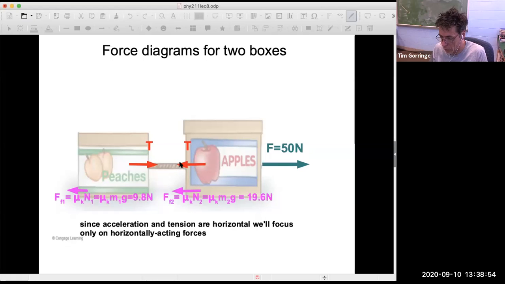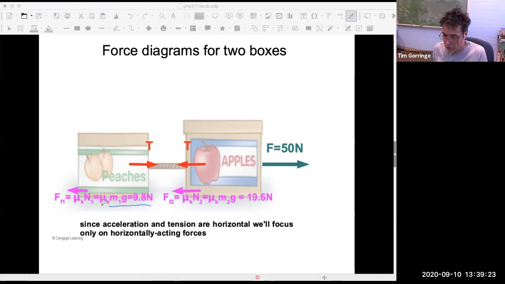The horizontal forces that are acting are the ones that are going to cause the horizontal acceleration. And so it's the horizontal forces that I need to worry about to figure out the horizontal acceleration. And so for the box on the left, the only horizontal forces are friction and tension.